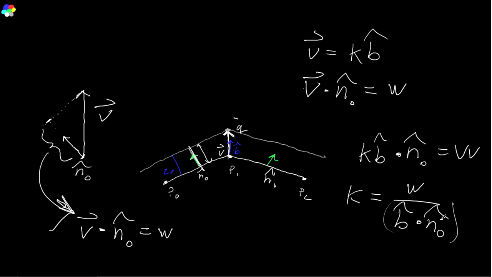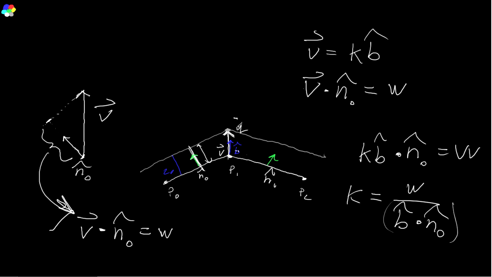So you just do the dot product of b hat and this normal, and you divide w by that value, w being your desired width. It might be 20, it might be whatever. And that'll give you k.